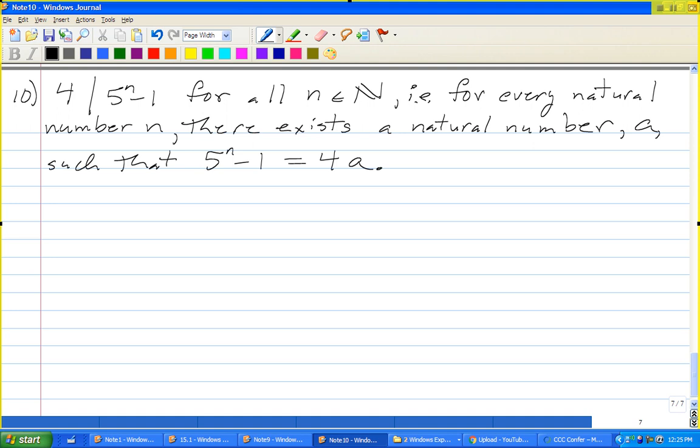Okay, so let's do the proof. Let me write down the initial case. What we want to do is show that there is some number a such that 5 to the 1 minus 1 is equal to 4 times a.